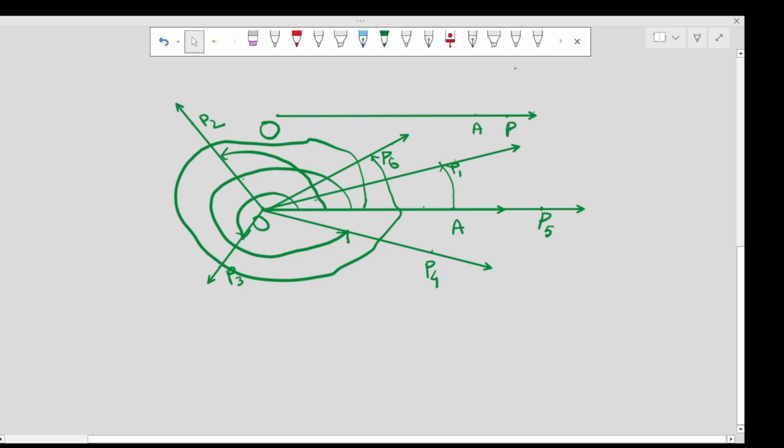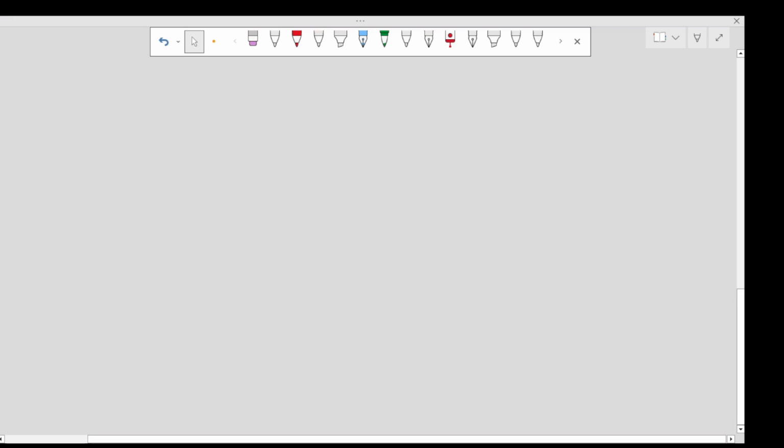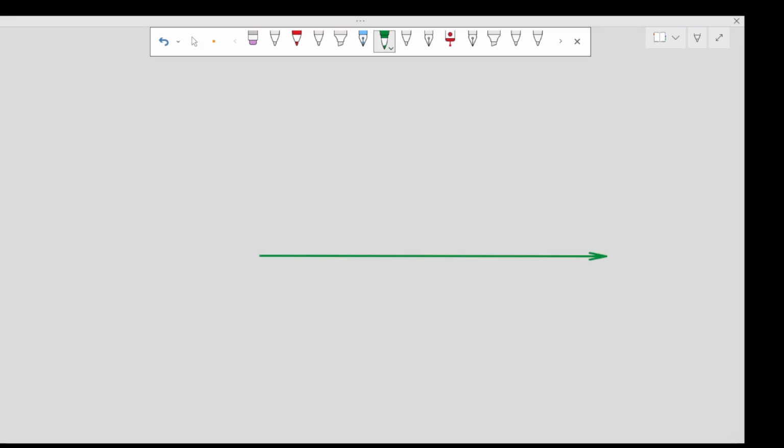Now see, first we draw a line. We have drawn an initial line starting from this point. Another line overlaps this line, but now that line is revolved. This is the first line, called the initial line.